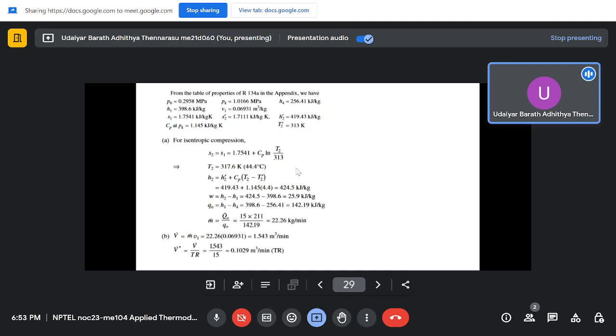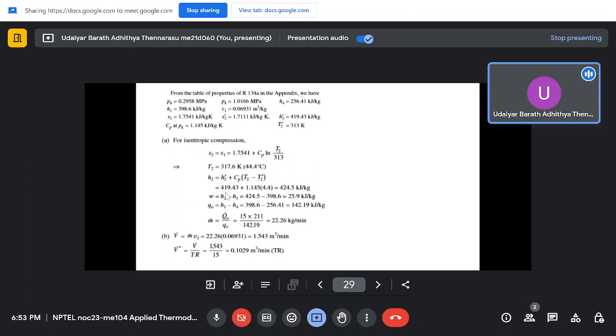H2 is the enthalpy at the compressor exit. So compressor exit enthalpy is the vapor enthalpy plus Cp times (T2 minus T2 dash), the superheat temperature. So saturated vapor at 40 degrees Celsius is 419.43 plus Cp 1.145 into the degree of superheat 4.4, which comes out to be about 4.5 kilojoule per kg.